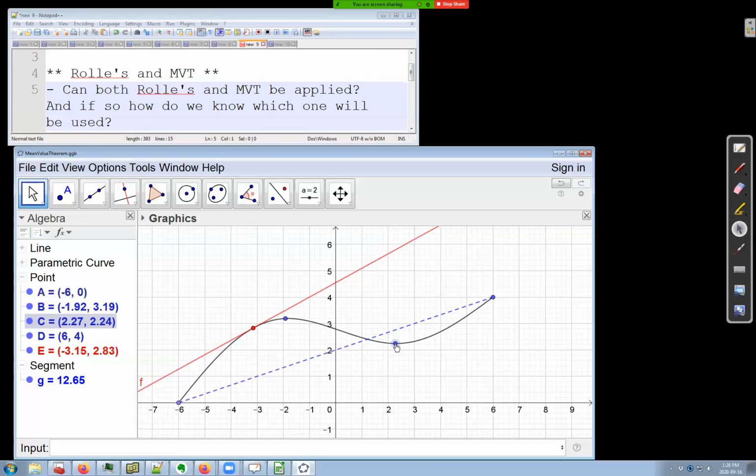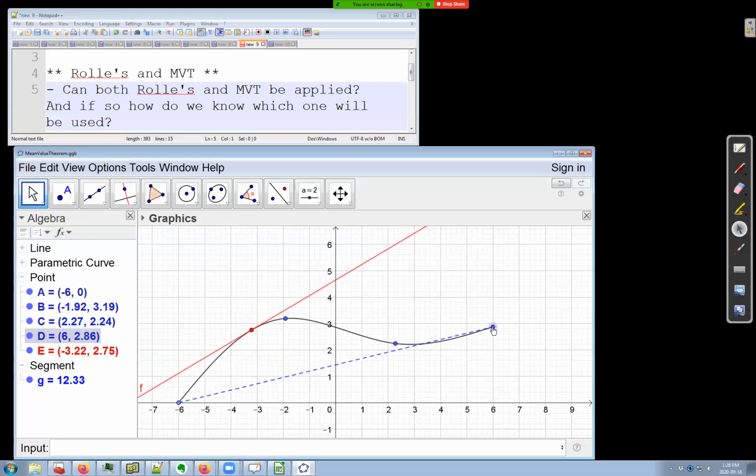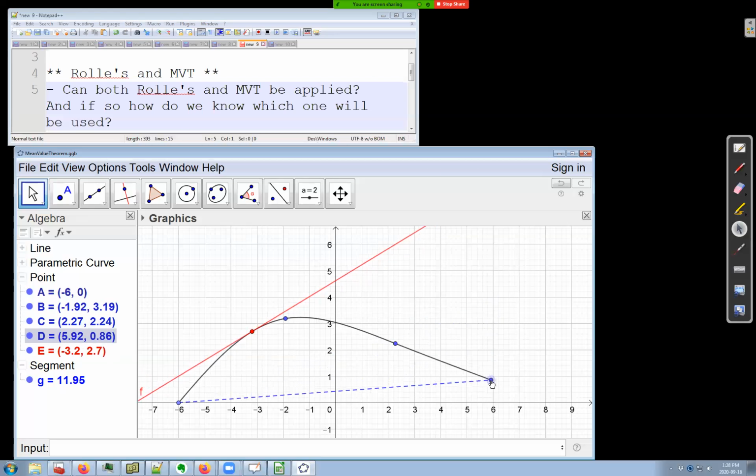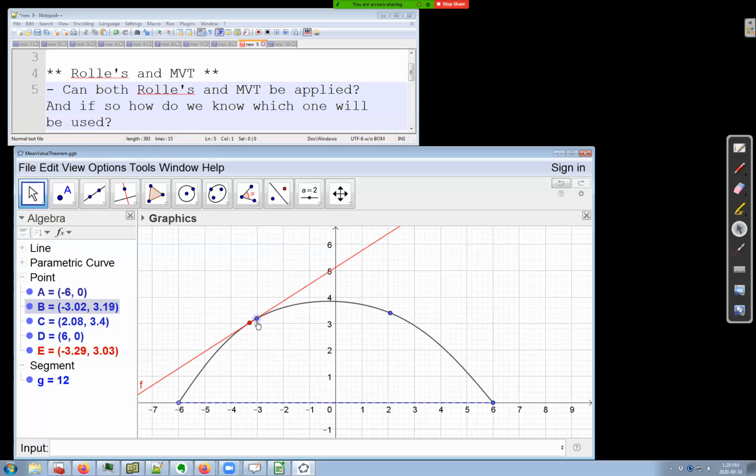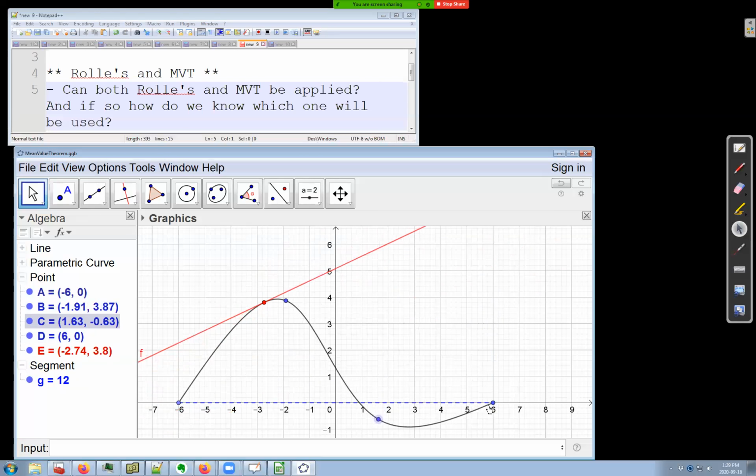Now Rolle's theorem puts more of a restriction on your function. Rolle's theorem says that the endpoints have to be at the same height. I can make the middle points wherever I want, but I have to make the endpoints the same height.